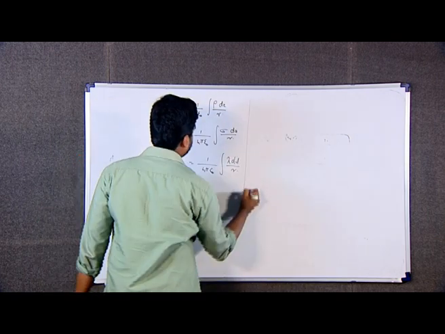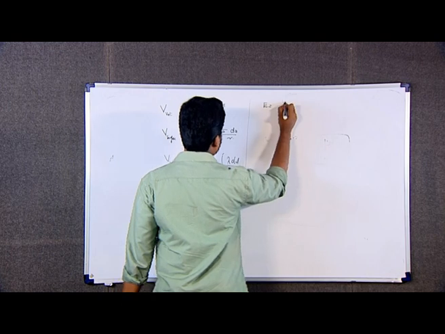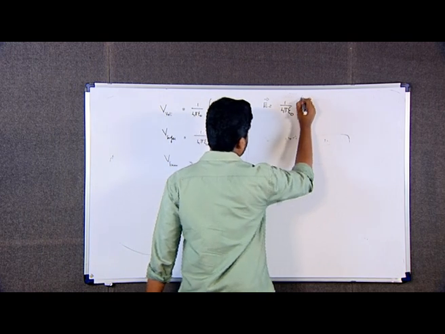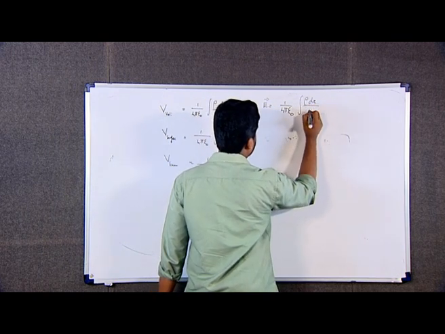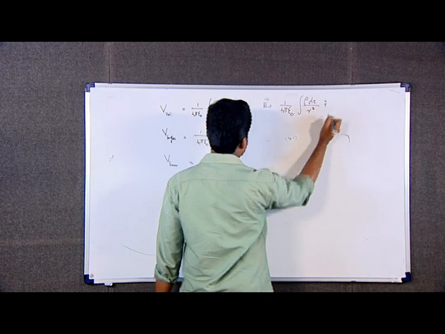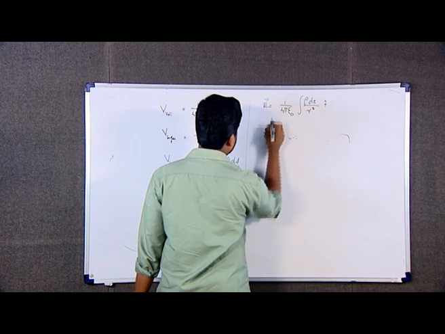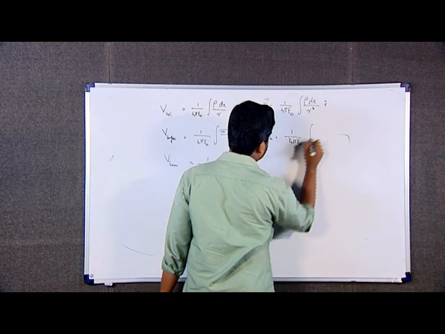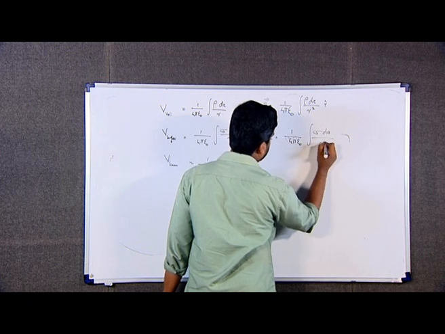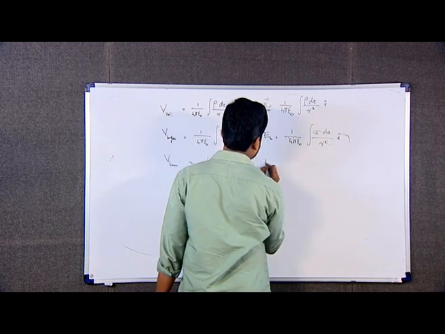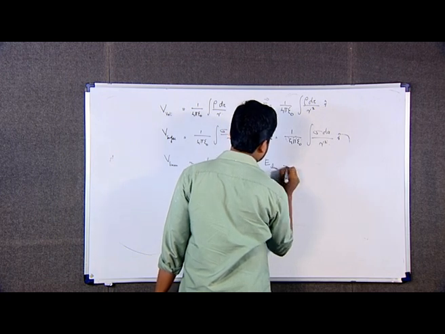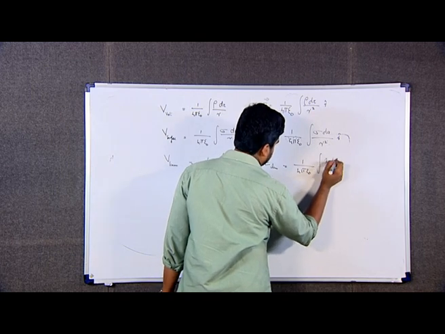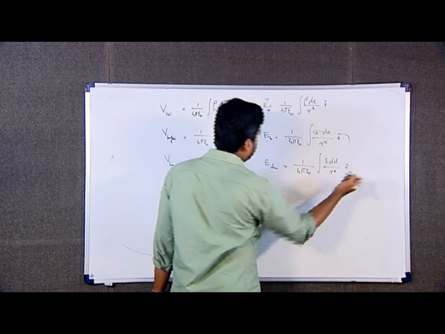And similarly, the electric field is equal to 1 by 4 pi epsilon 0 integral rho d tau by r square into r cap, E for the surface is equal to 1 by 4 pi epsilon 0 integral sigma dA by r square into r cap, and E for the linear charge distribution is equal to 1 by 4 pi epsilon 0 integral lambda dl by r square into r cap.